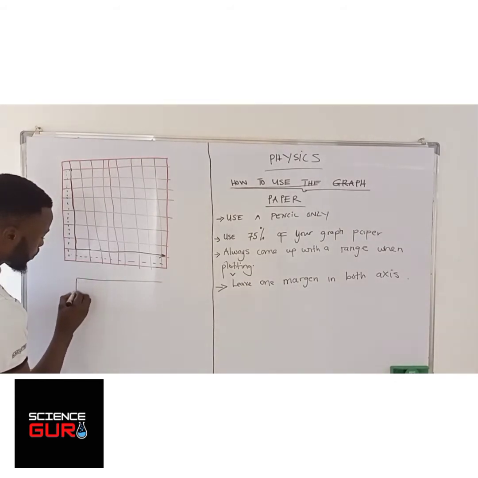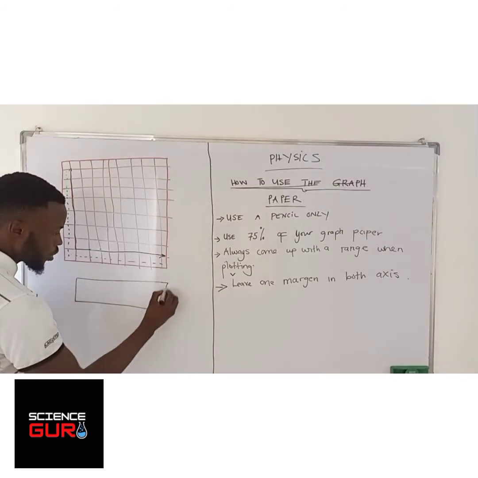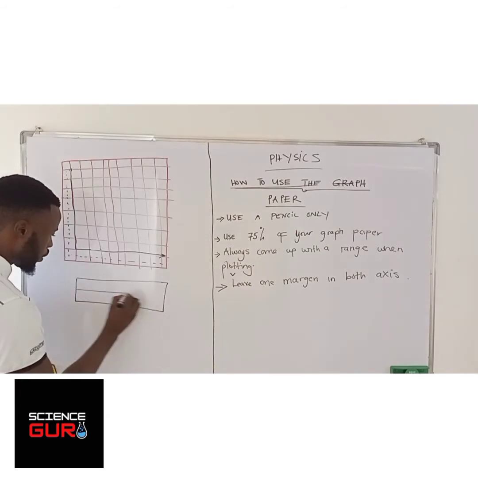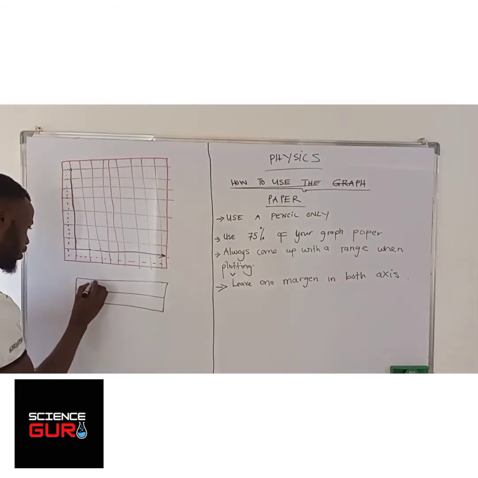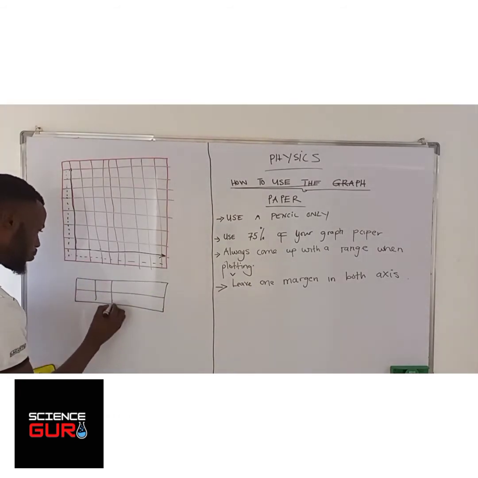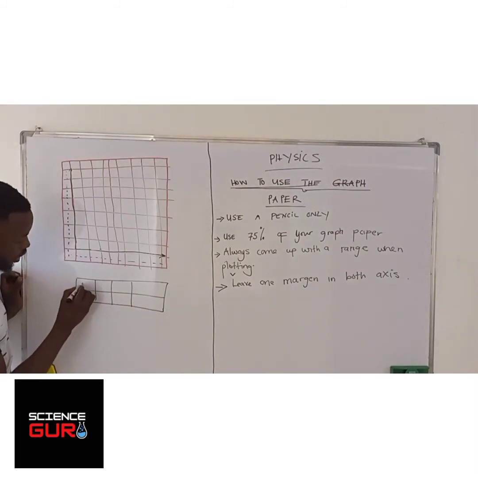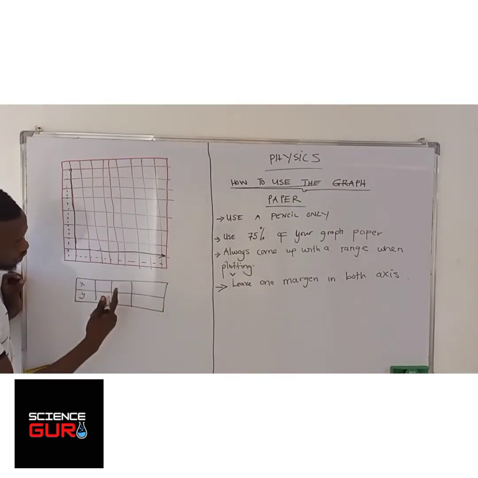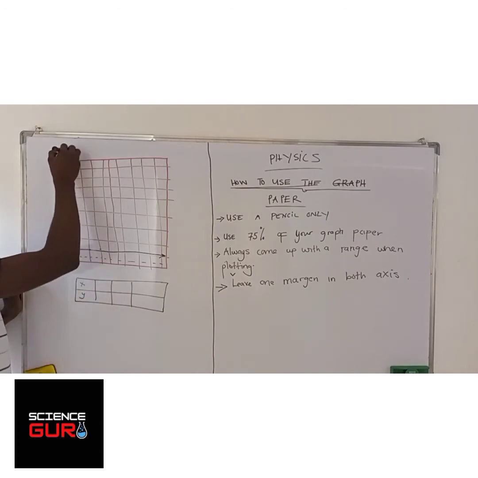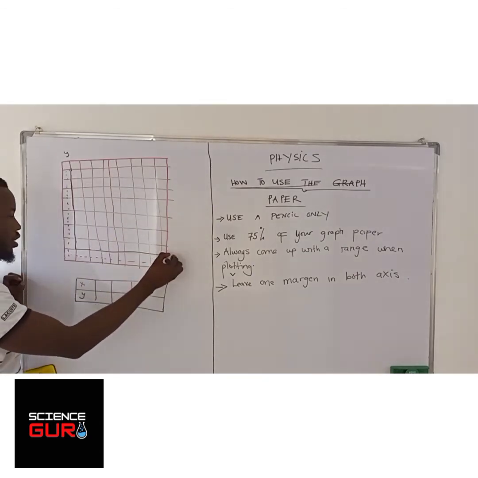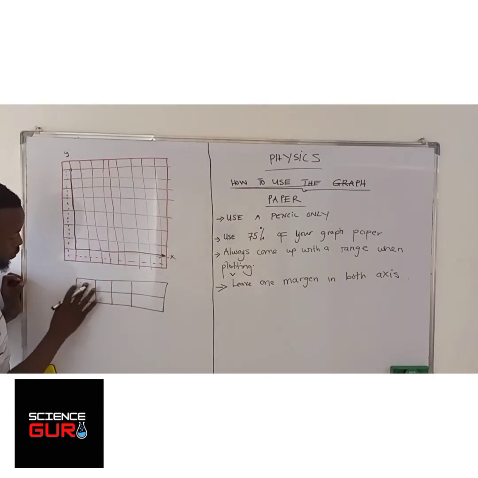Now, when plotting, let's say you're plotting these numbers on the x-axis and the y-axis. The y is this, and the x is this. Let me start with the y and end with the x.